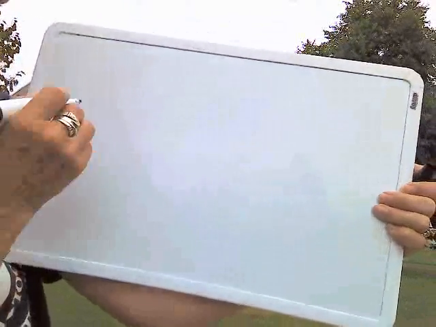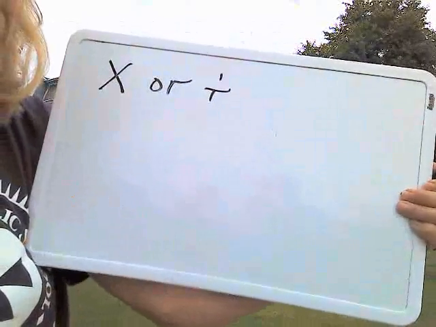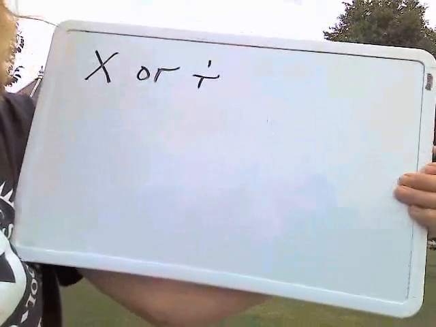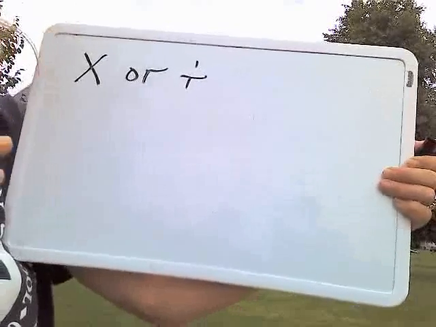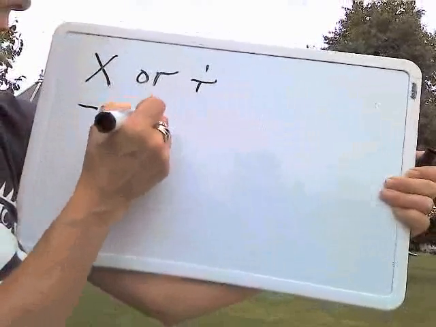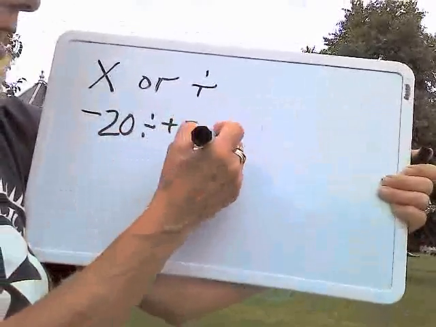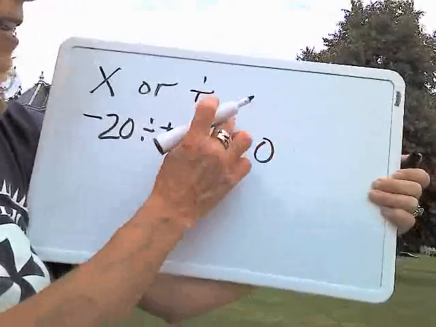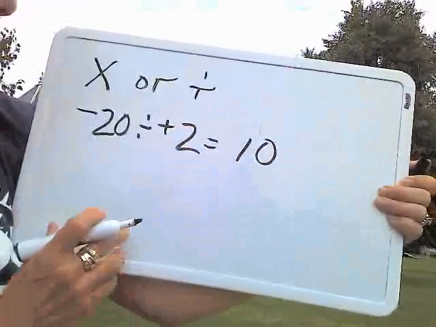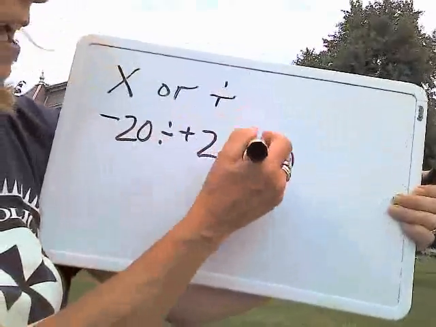That's super easy. When you multiply or divide, you simply multiply or divide, but then you look at your signs. For example, if I had a negative 20 divided by a positive 2, I would divide first. My answer's 10. Now I need my sign of my answer, and I say like signs positive, unlike negative.